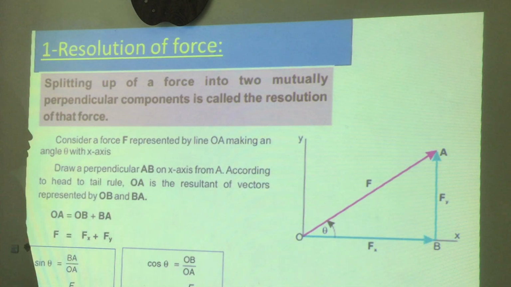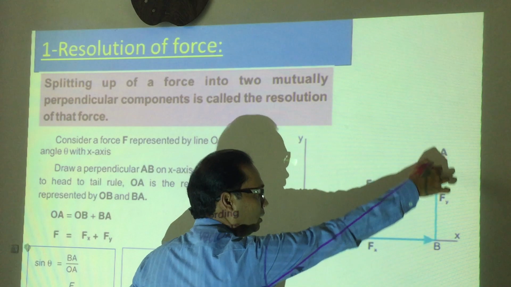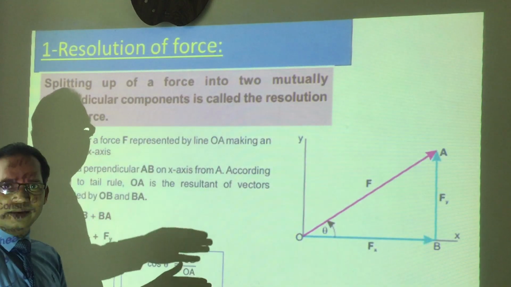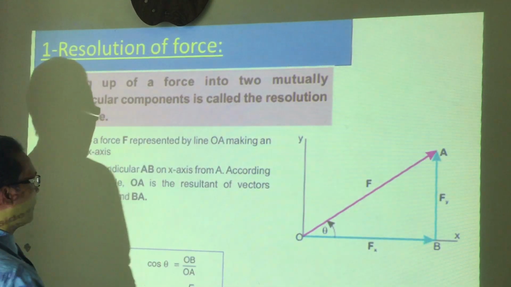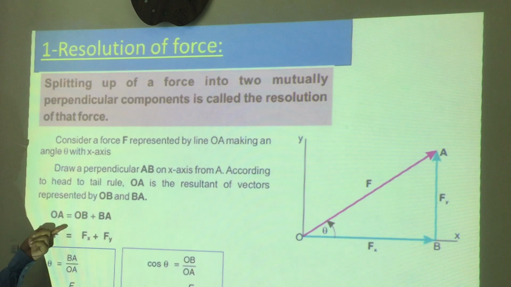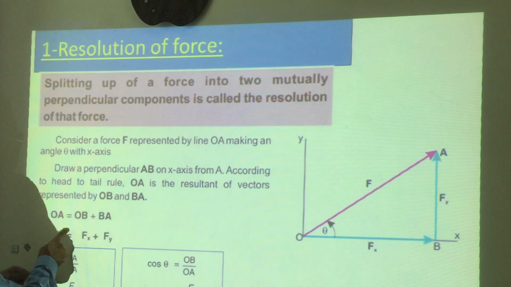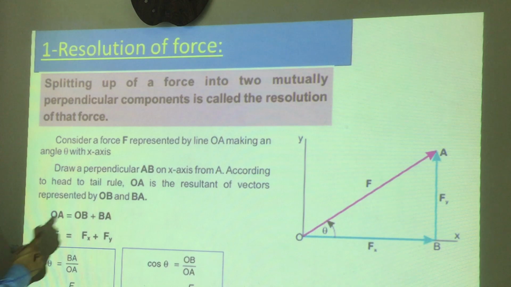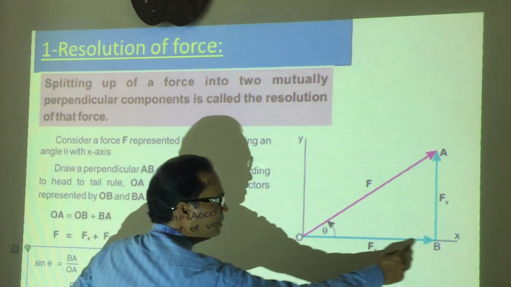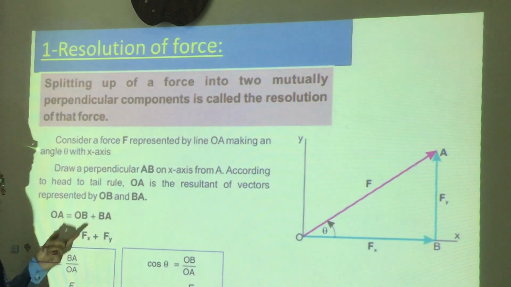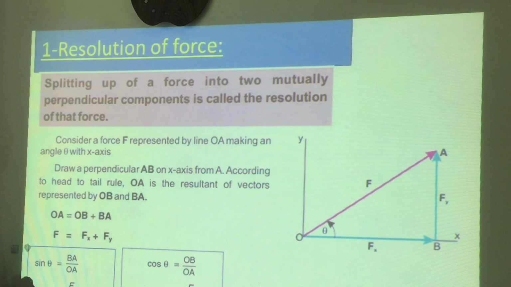Here consider force F that represents line OA, right? And we draw the perpendicular line here from the head. Perpendicular line means the line that will have a 90-degree angle. Now according to the head-to-tail rule, OA is equal to OB plus BA. If we add these two components with the help of the head-to-tail rule, we will get OA.